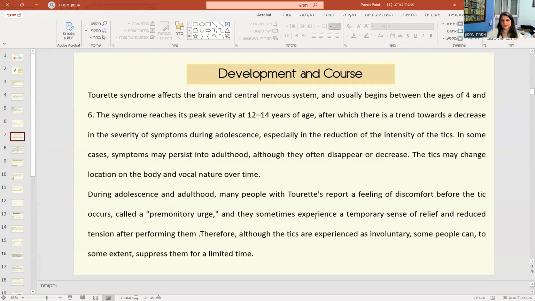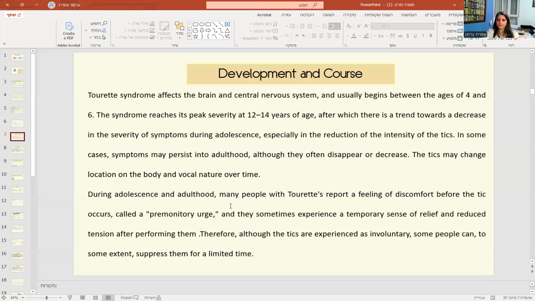Development and course. Tourette syndrome affects the brain and central nervous system, and it usually starts at age 4 to 6.